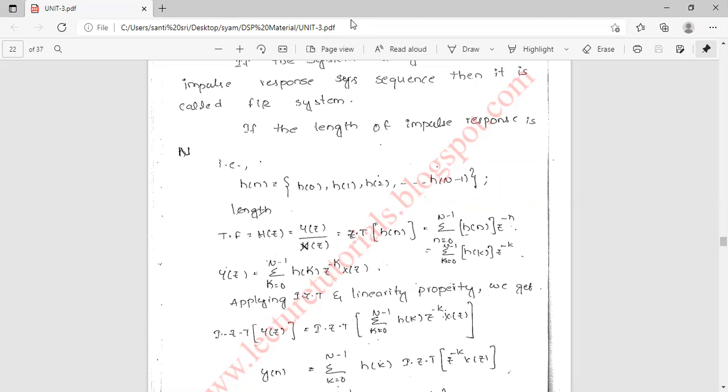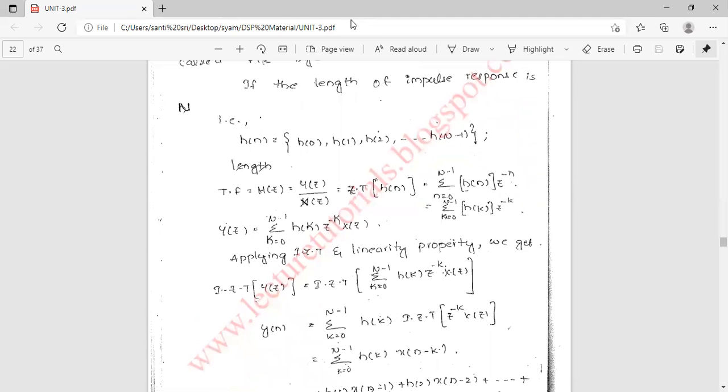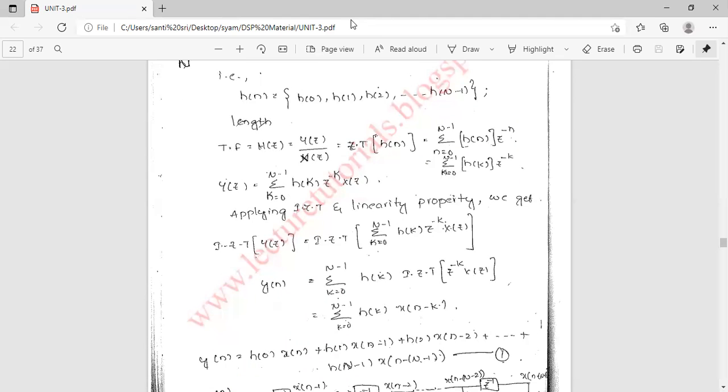That is nothing but the linearity property. Then by the time shifting property, x of z becomes x of n minus k. Therefore, y of n is equal to h of 0 into x of n plus h of 1 into x of n minus 1 plus h of 2 into x of n minus 2 up to h of n minus 1 into x of n minus (n minus 1).